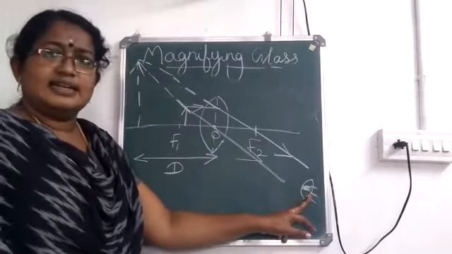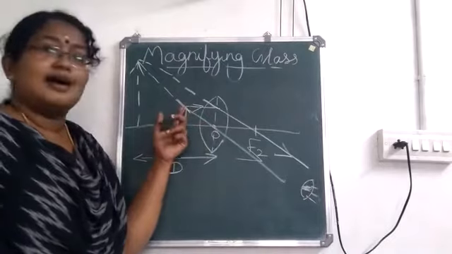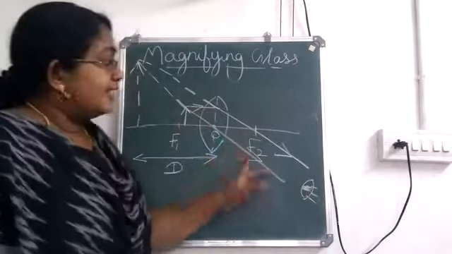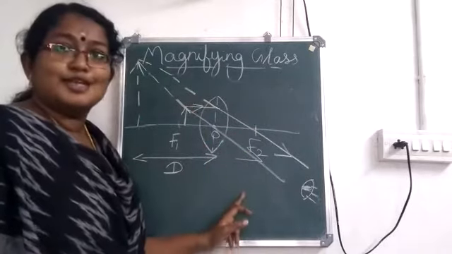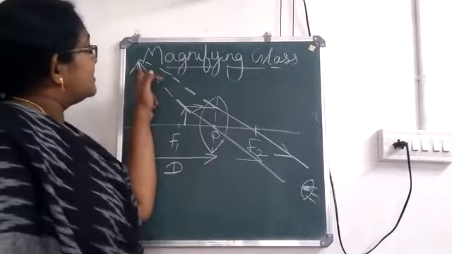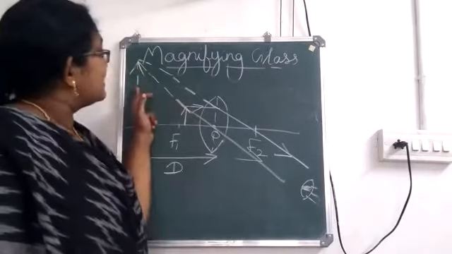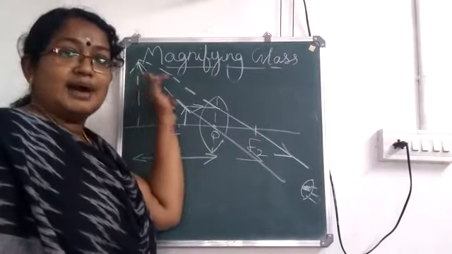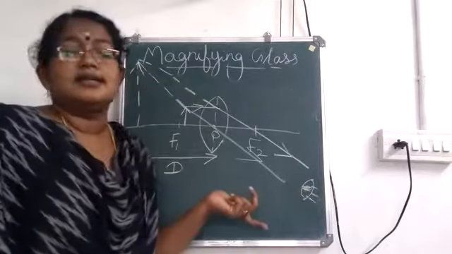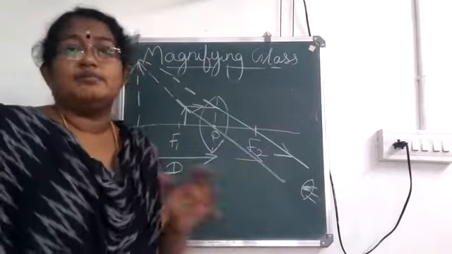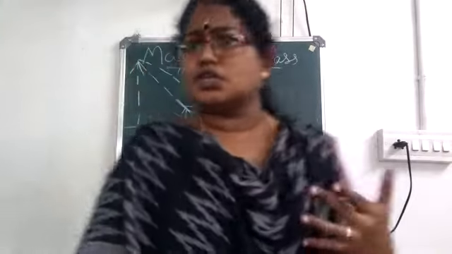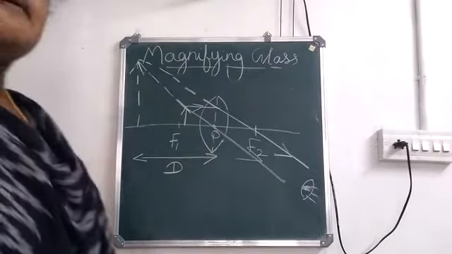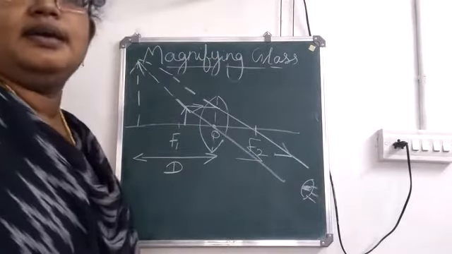A person is standing here, so at first when he is looking, he can't see the object clearly because the angle subtended by the object is so small. Then we keep a convex lens in front of his eye so that he can see the image formed by this lens. The angle subtended by this image on the retina is more, so it can be seen clearly. So is it clear about a simple microscope or a magnifying glass?